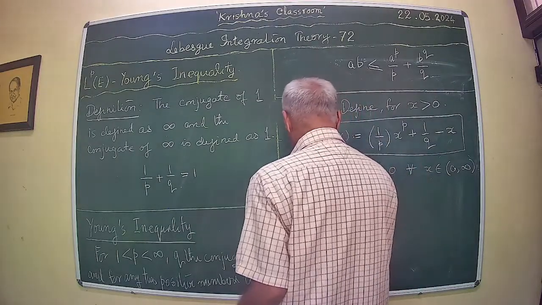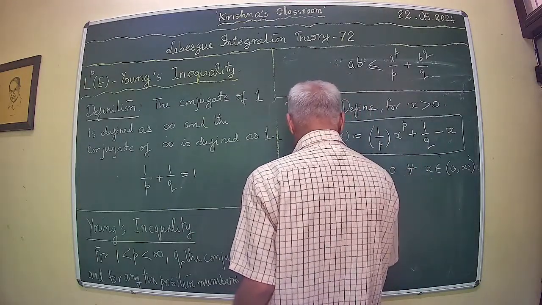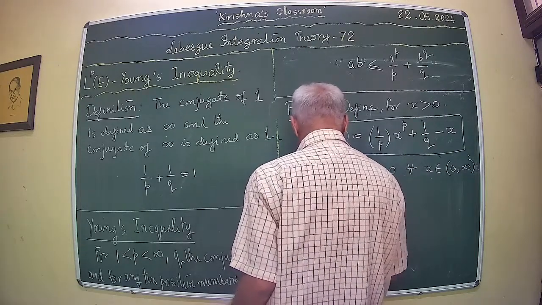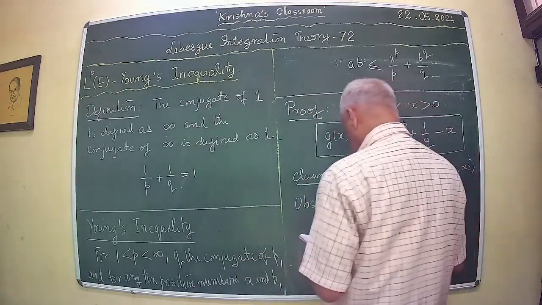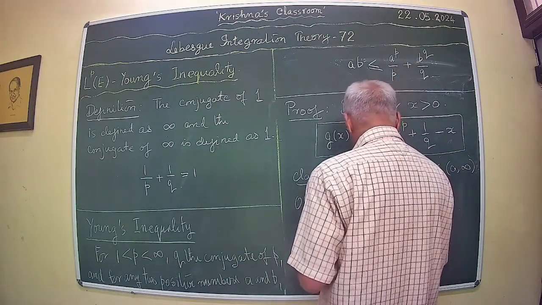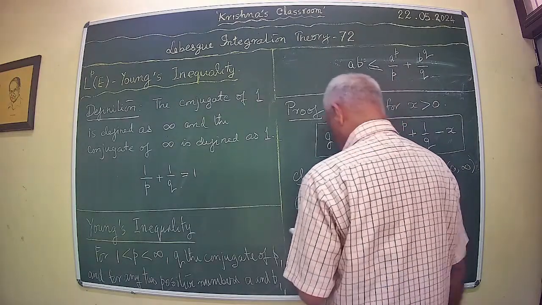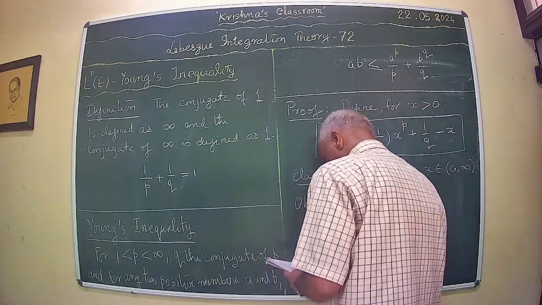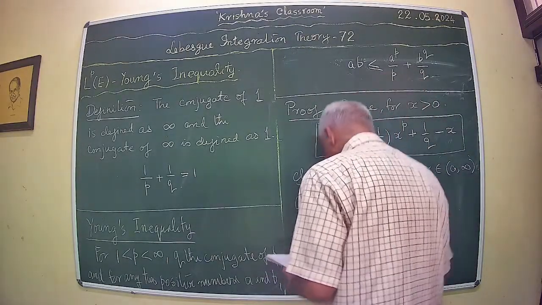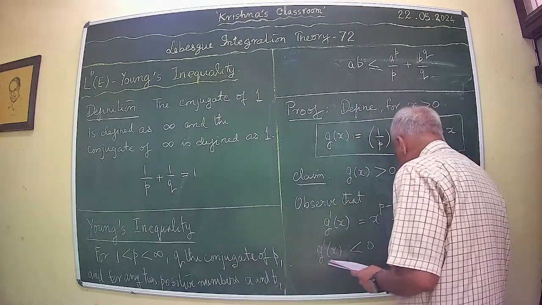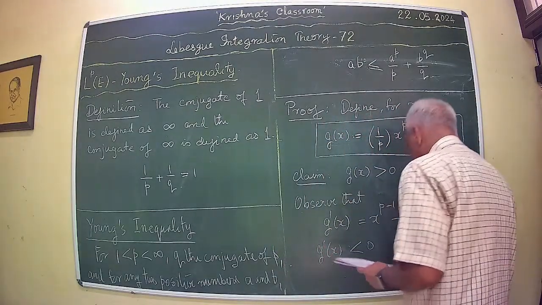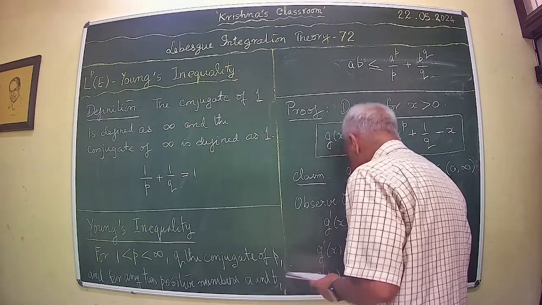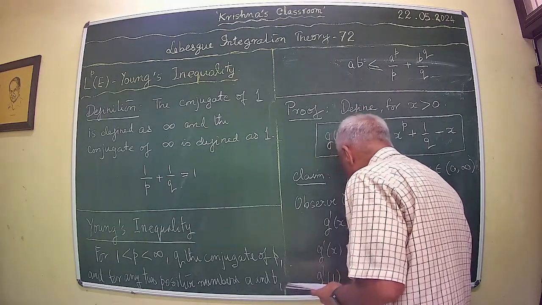Observe that g dash x is negative whenever x belongs to (0,1). And g derivative at 1 is equal to 0.